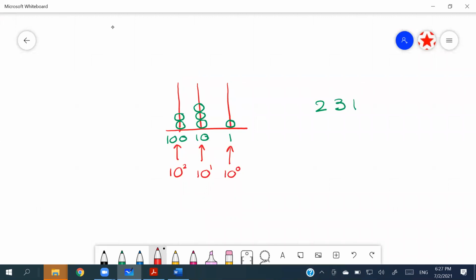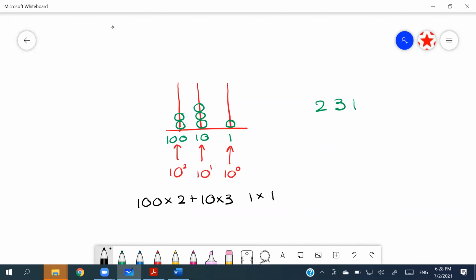So we just forget that, right? We really don't bother about it. But how this 231 is calculated or formed, it is like this. Very simple. So you have 200s and 3 10s and 1 1s, right?